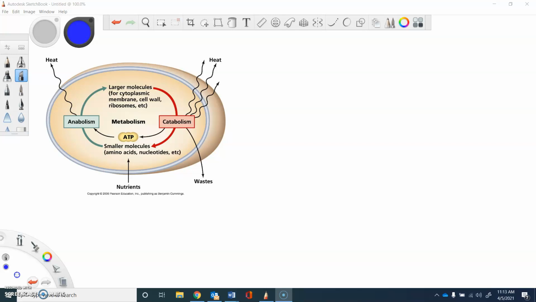Within that, we get some waste products, and some heat gets sent off from that. And that's metabolism. The cells do a process called cellular respiration.